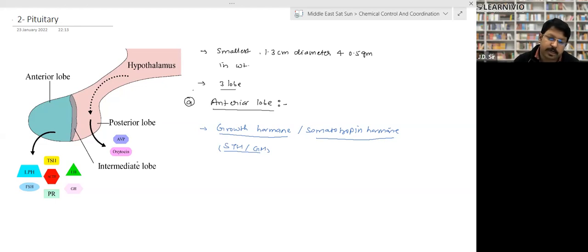Next, the second hormone. The first hormone was GH or STH.